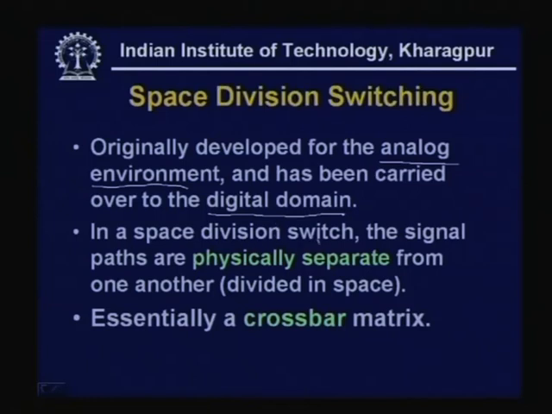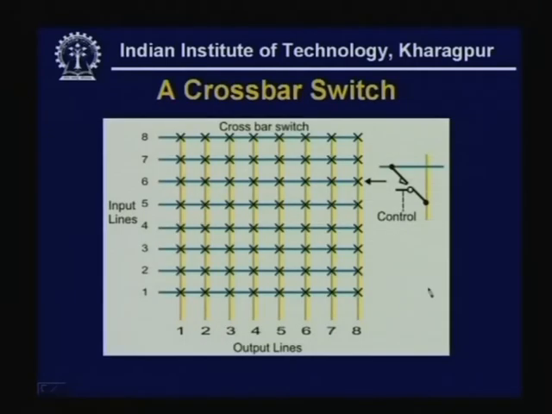So, in a space division switch, the signal paths are physically separate. Physically separate paths are provided for each of these links from one to another. So, it is divided in space. Essentially, it is a crossbar matrix. So, let us have a look at the crossbar matrix. Here you see you have got inputs and outputs.